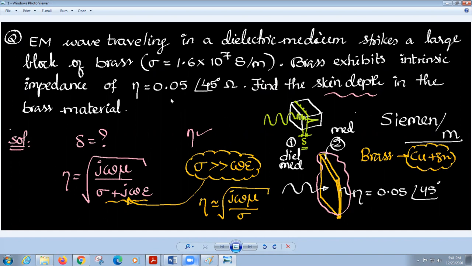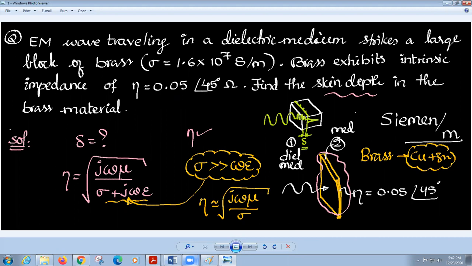You have a phase difference between E and H. The meaning of this 45 degrees is that when the EM wave is entering this brass material, there is no phase difference between E and H components in a dielectric medium. But the moment the wave enters this brass material, a conducting medium, there will be a phase difference between E and H, and that is 45 degrees. Otherwise, we could say E is leading H by 45 degrees in the brass material. So it's given to you already: intrinsic impedance of brass material equals 0.05 at 45 degrees.